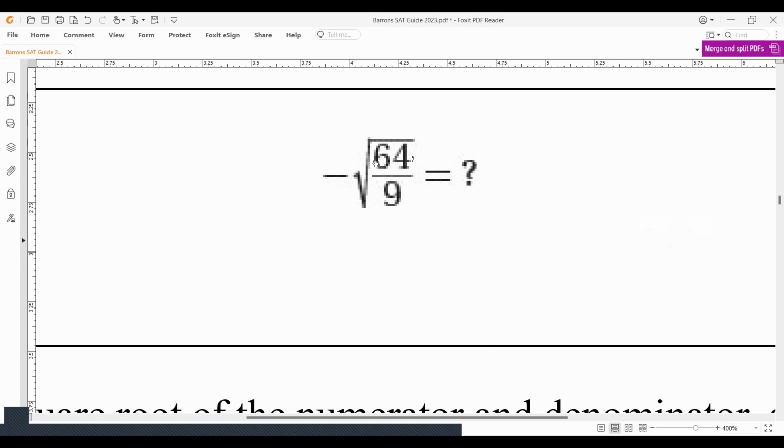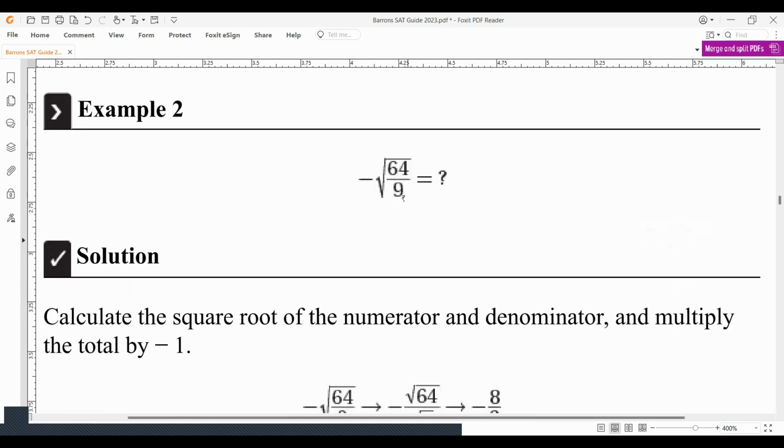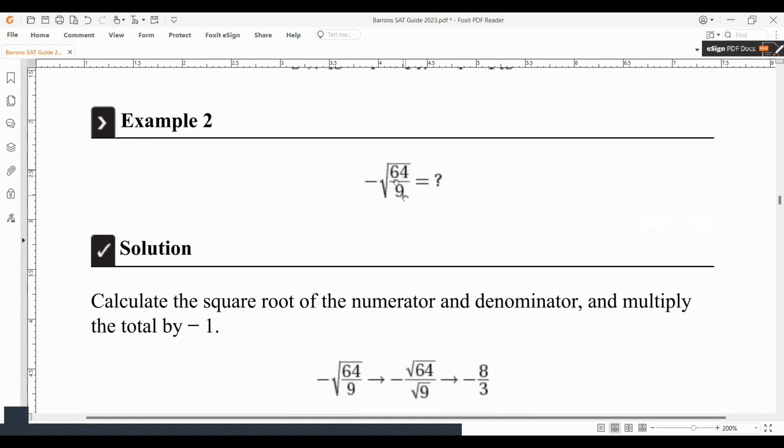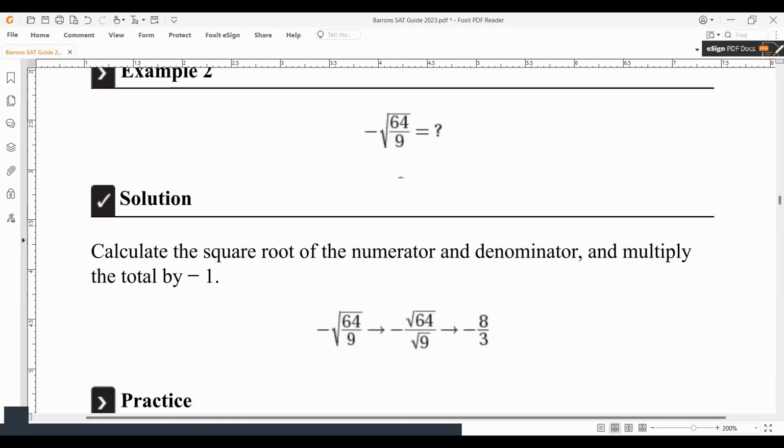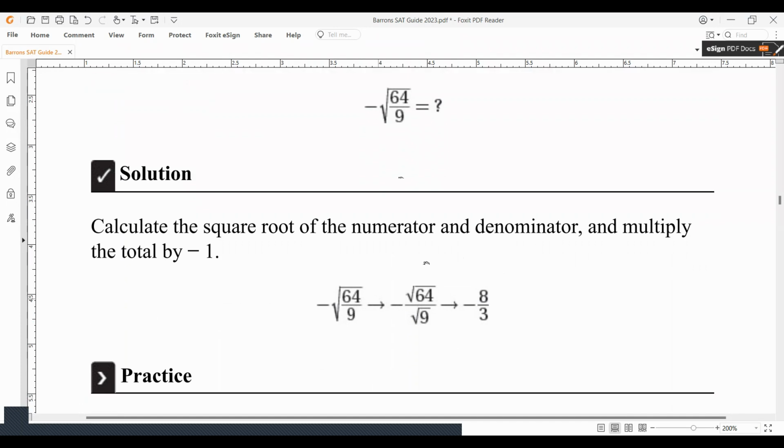You can divide 64 by 9, or you can write it this way, simply distributing the square root over the numerator and the denominator. You can write it like this, or you can just divide it, but dividing 64 by 9 is not an easy task, and it will be in fractional form, in decimal number form.